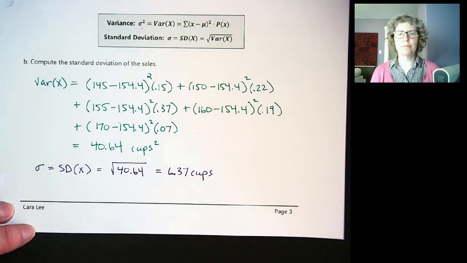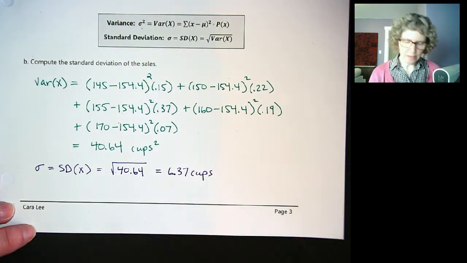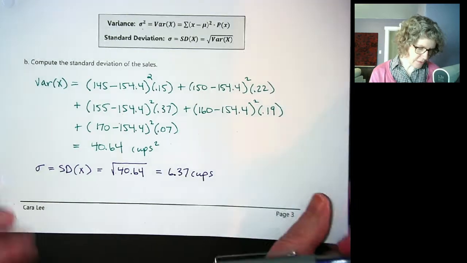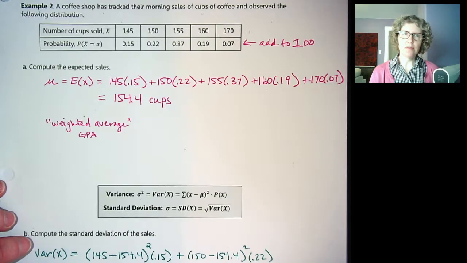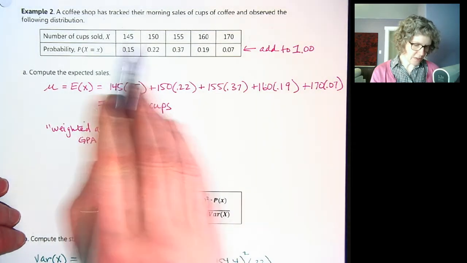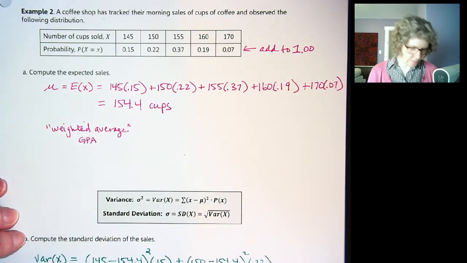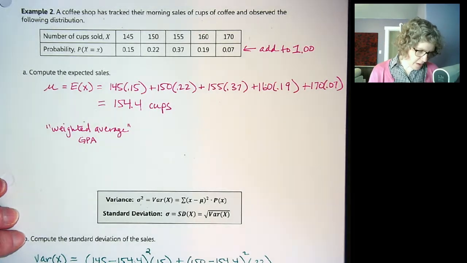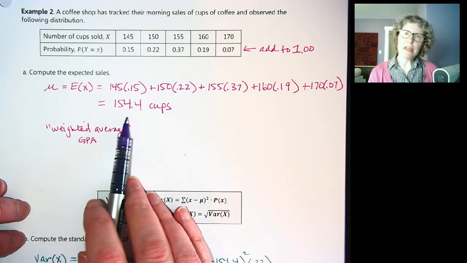Okay, so you might be wondering, what does this all mean? And I hope you are wondering that. What does a standard deviation mean? So we've calculated for this table, this random variable, which is discrete, only these certain values are occurring. We found that on average, this coffee shop will sell this many cups of coffee.